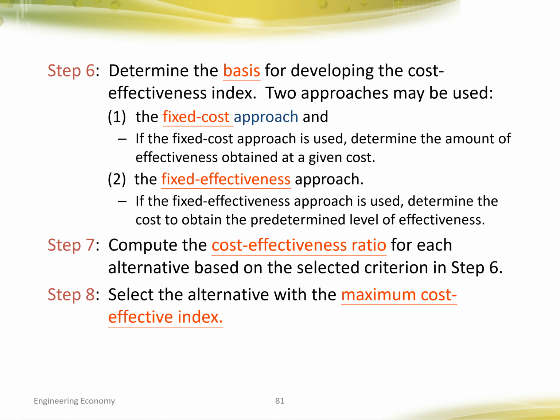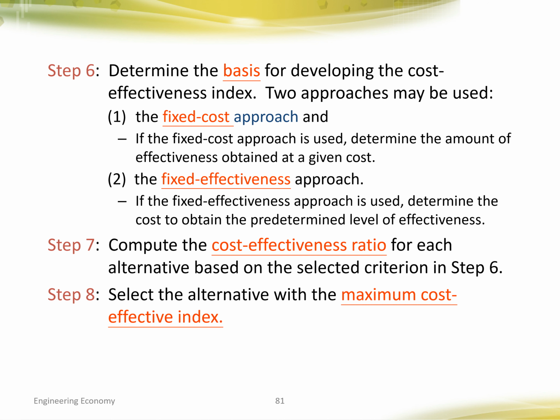So that limits our alternatives. Or we have fixed effectiveness, meaning that we need to reach a specific goal, a specific level of effectiveness. If it's below that, then it's not a feasible alternative.